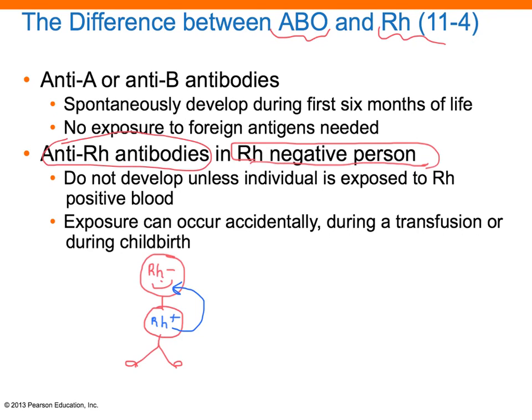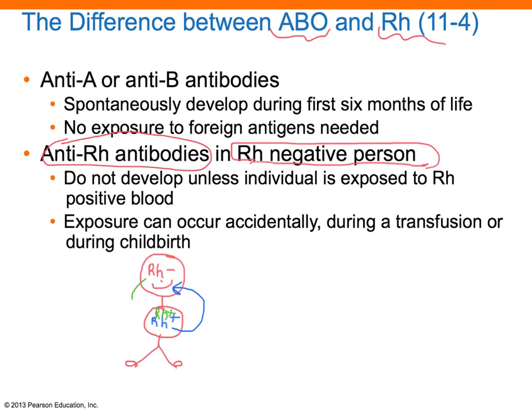If a woman who has already developed anti-RH antibodies becomes pregnant with a second RH positive fetus, so you have this very same setup, but now it's a second child, which I'm going to put in green, RH positive, what can happen is that these antibodies can cross the placental membrane from the mom. The mom now has anti-RH antibodies.